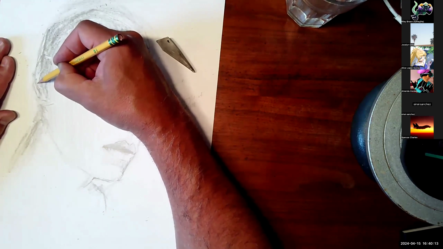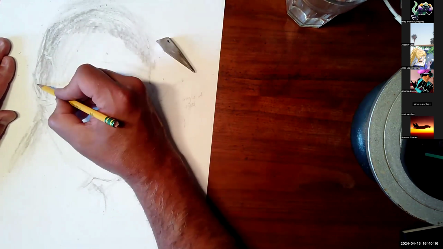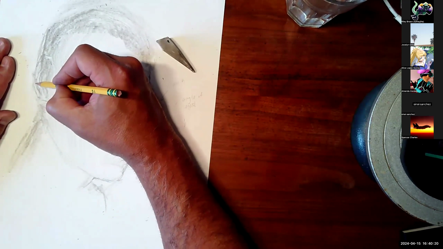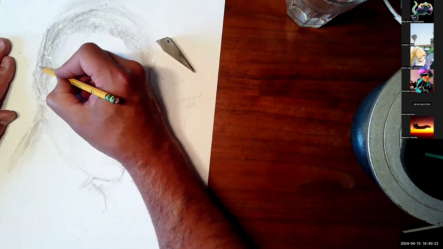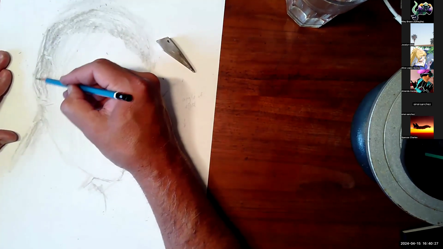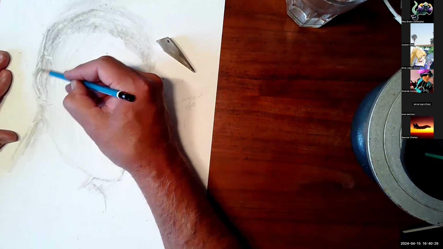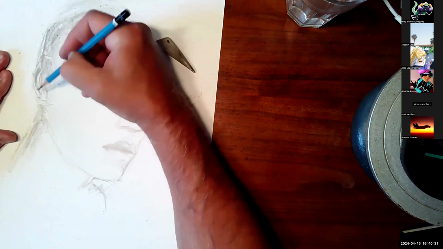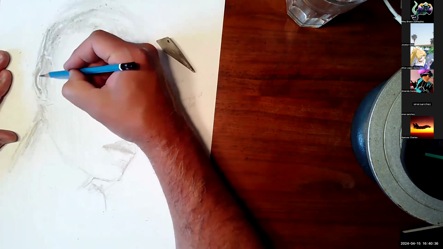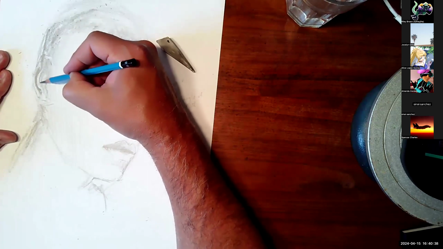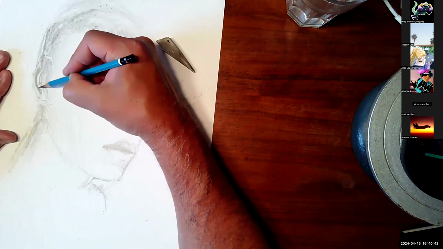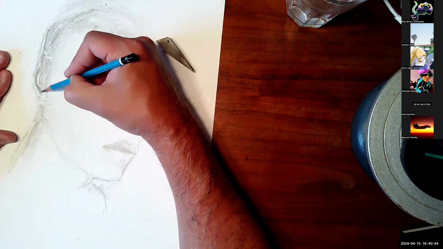Sometimes I'll just draw the outlines of the shadows themselves to give me a little bit of purchase on what I'm looking at. I can go into a darker, very dense color here. I've switched pencils. Okay, and then there's this bit here. This bit kind of comes around, and this part here is a bit thicker.